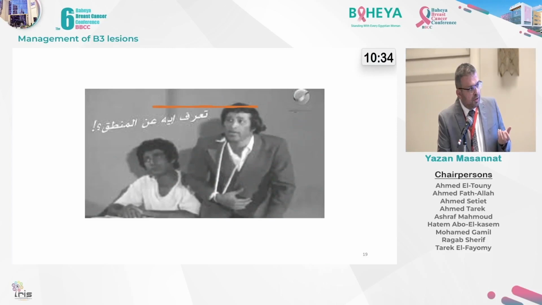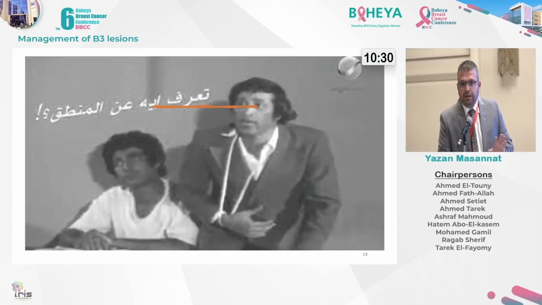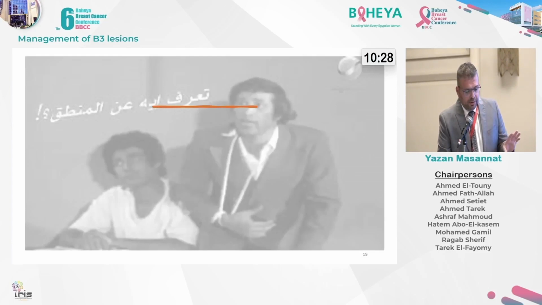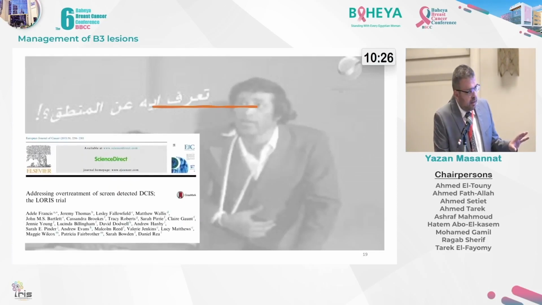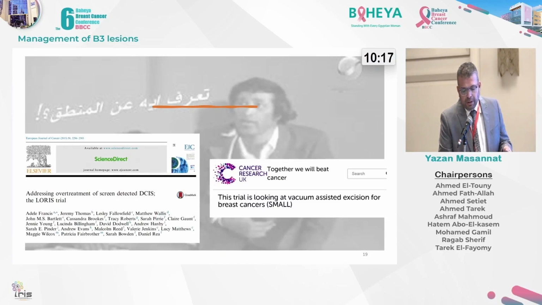And you start thinking about what we are doing in breast surgery. Many things that we're doing are not logical. If you look at studies like the LAURA study, we're not operating on ladies who have diagnosed DCIS, or doing large volume excisions, or on ladies who have small invasive cancers like grade 1 tumors.